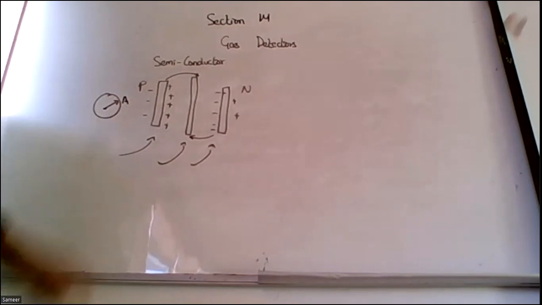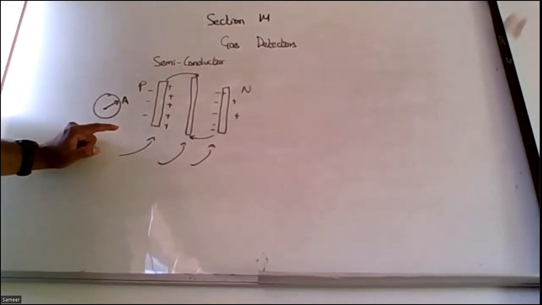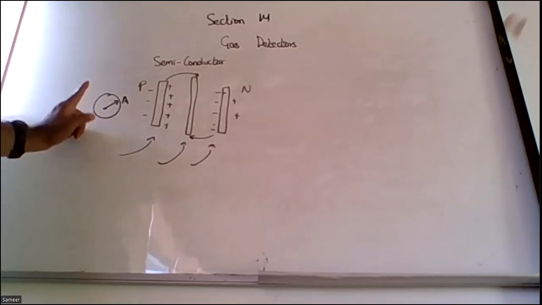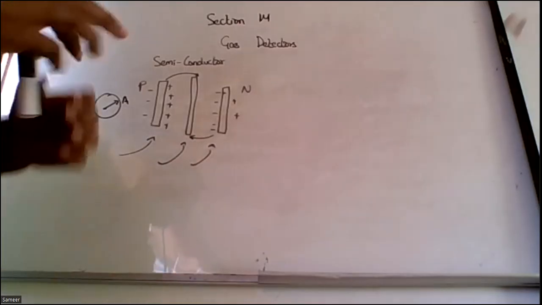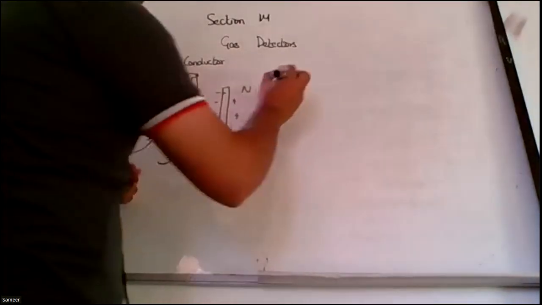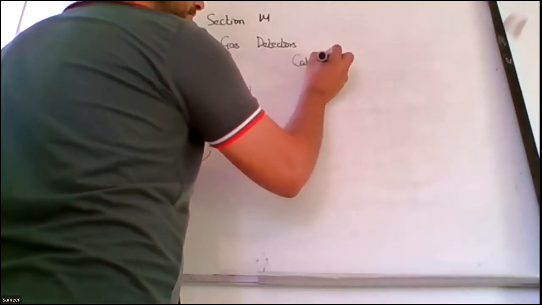That's what we will know from the variation. The more variation means the more concentrated the gas is. The less variation means less concentrated gas is available. It only explains that there's a gas available in the atmosphere; further clarification is not available. Then we have the second type of principle for the gas detector, that is the catalytic element principle.